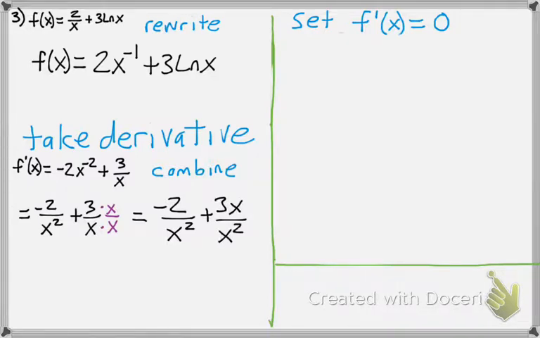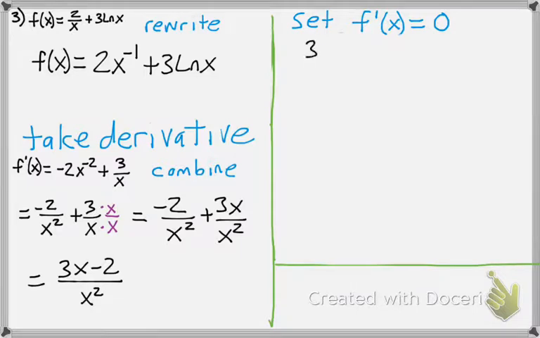And then you're allowed to combine those under one fraction. So I'm going to call this 3x minus 2, putting the 3x first, over x squared. So this is my derivative. I've just combined the two terms of it. So I still need to set it equal to 0.